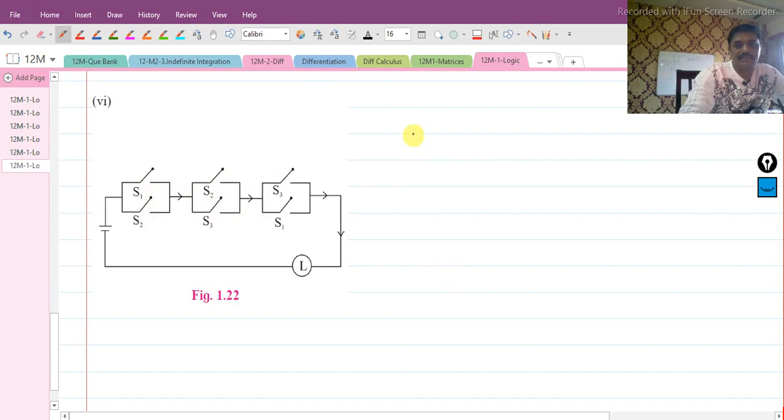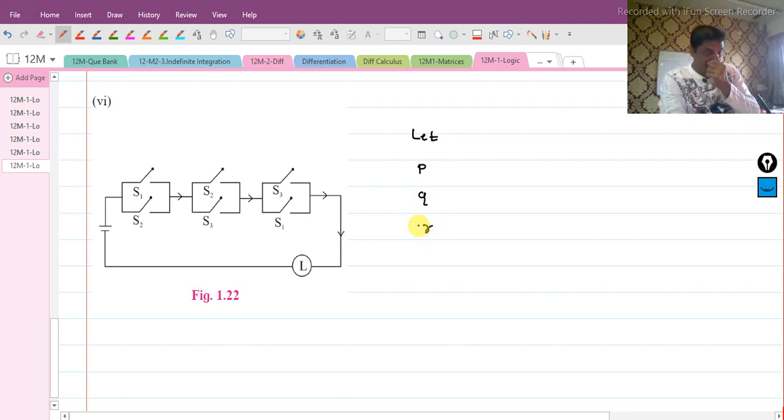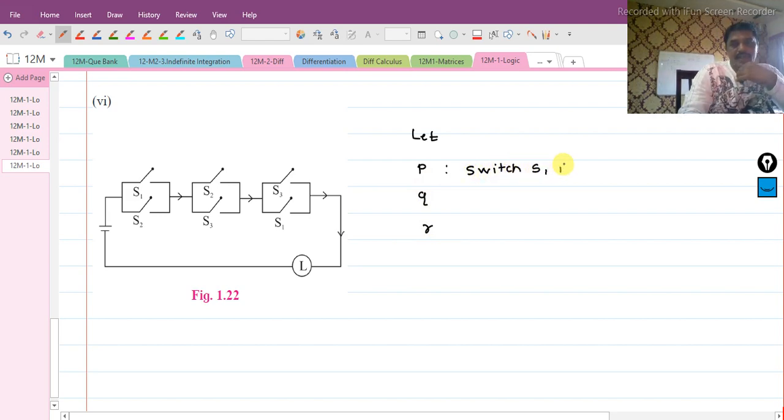Basically there are P, Q and R. There is no S1 dash, S2 dash, S3 dash, nothing like that. So let's say switch S1 is closed, switch S2 is closed and switch S3 is closed.